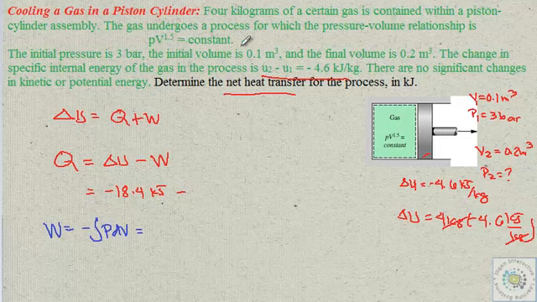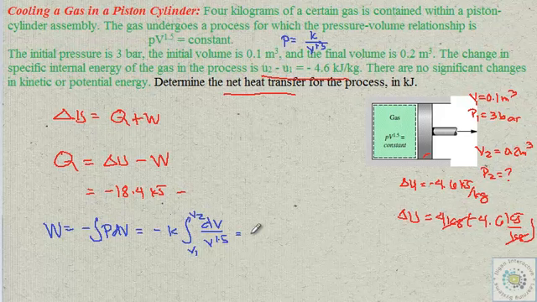So P could be expressed as a constant K over V to the 1.5. I'm putting the K outside since it's a constant: dV over, replacing P with K over V to the 1.5, integrated from V1 to V2.